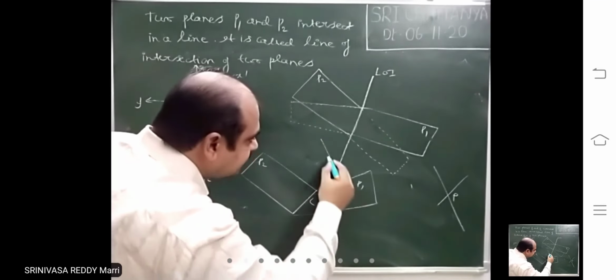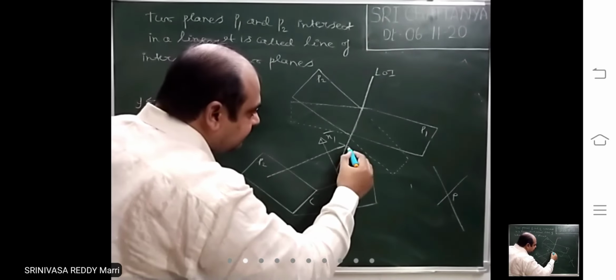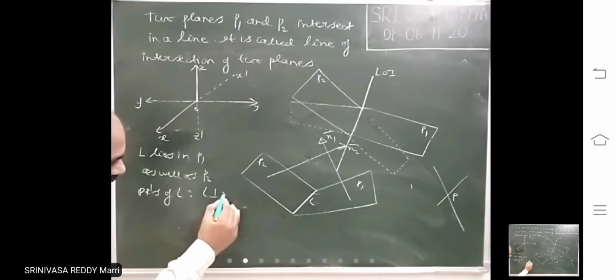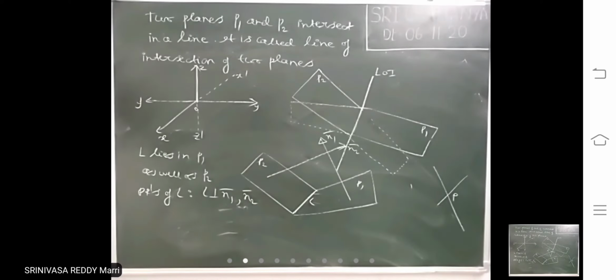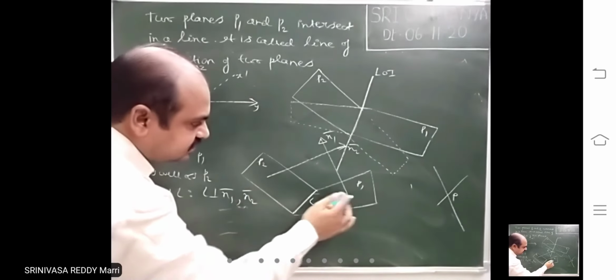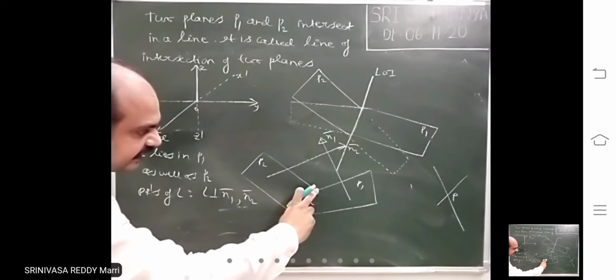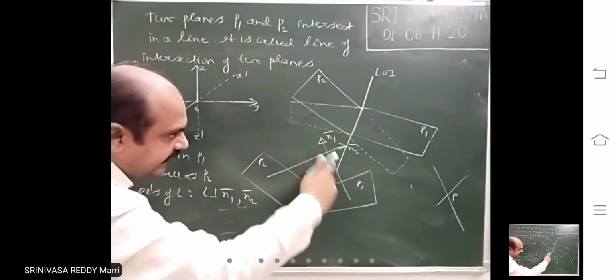N1 bar is the normal vector for the first plane and N2 bar is the normal vector for the second plane. As L lies in plane 1, L is perpendicular to N1 bar, and as it also lies in plane 2, it is perpendicular to N2 bar.